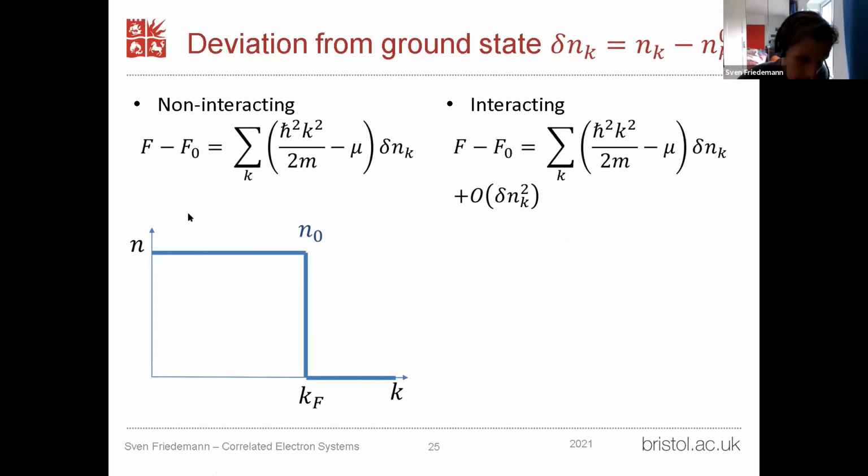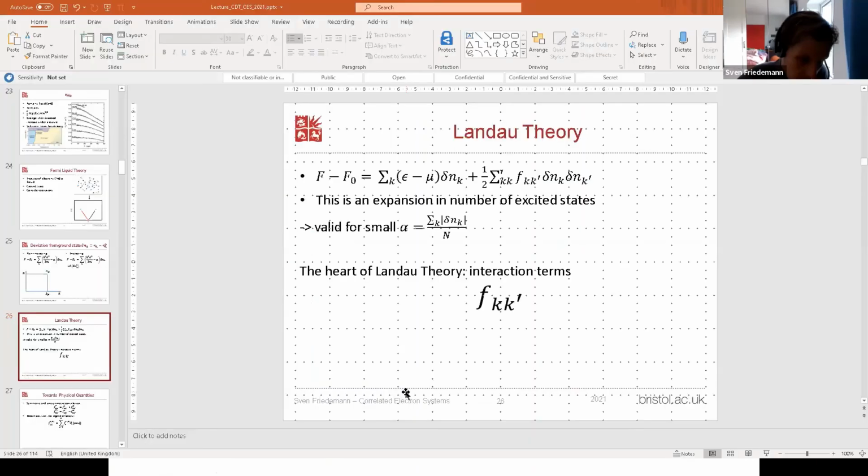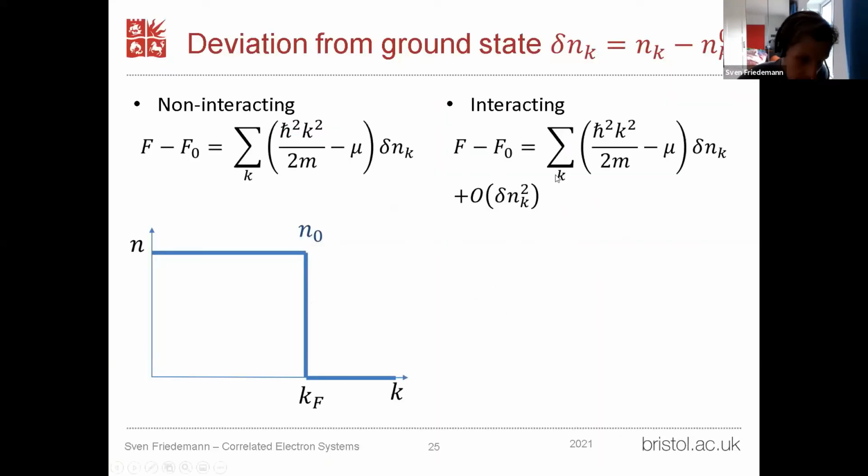Okay, so in the non-interacting case, we've argued that there's a sharp cutoff at zero temperature at the Fermi momentum or Fermi energy. What we'll see is how this is going to be changed once we consider these terms of order delta n squared.